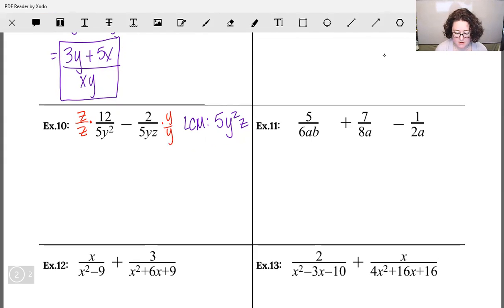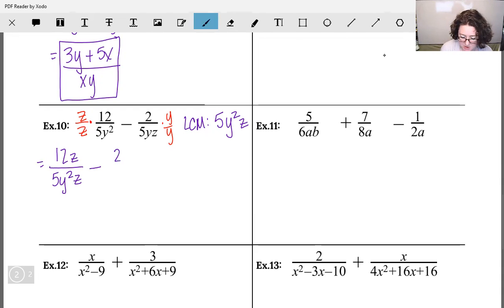Alrighty, so now multiplying those expressions again, I like to express in alphabetical order. I'm going to express it just like I did with my least common multiple over on the right. So we're looking at 12z. That's why I put crosses through my z's so they don't get mixed up with the 2's. And then we have 5y squared z. Again, don't simplify out that z because then you don't have an LCM anymore.